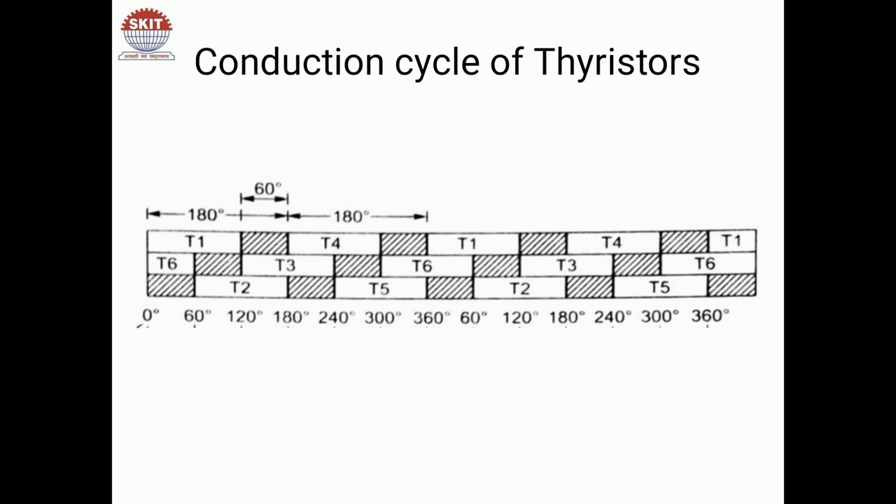In this diagram, the upper line is leg A, this line represents leg B, and this represents leg C. So first of all, we talk about leg A.